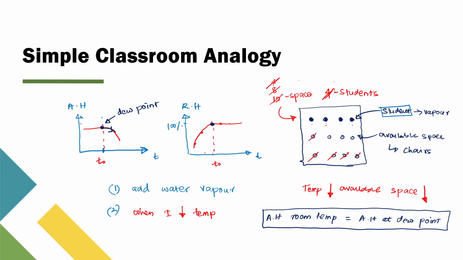No. Let's further reduce it. Did the number of students change? No. But we have come to the dew point, because if I reduce it further, it will condense. So look, still we have 4. Initially at room temperature we had 4. Now at dew point also we have 4. So this idea is very important when we try questions.